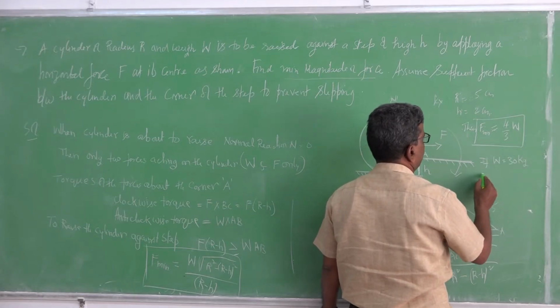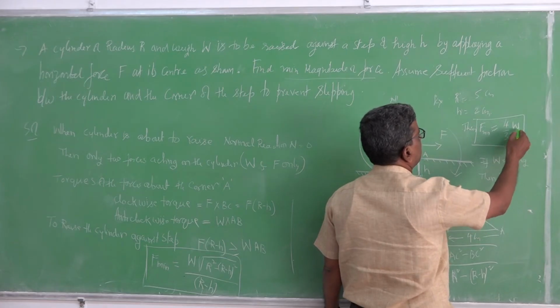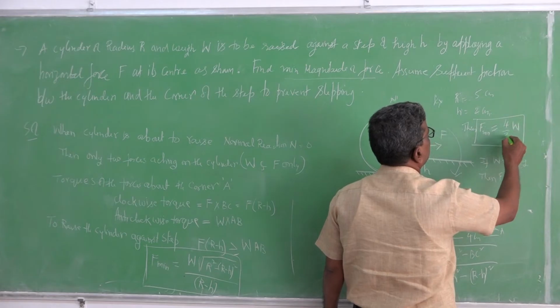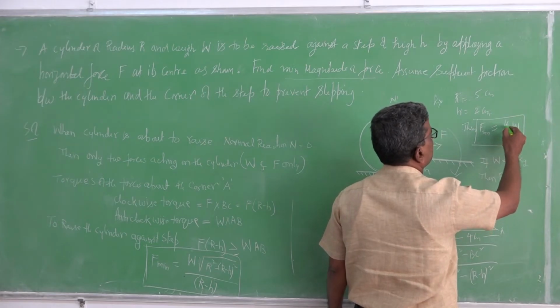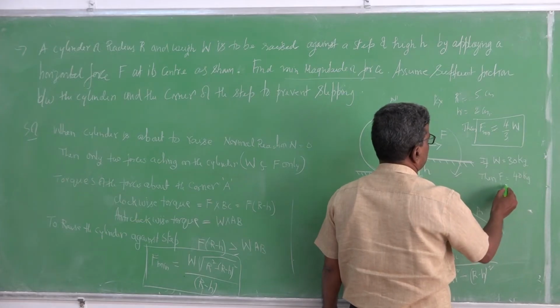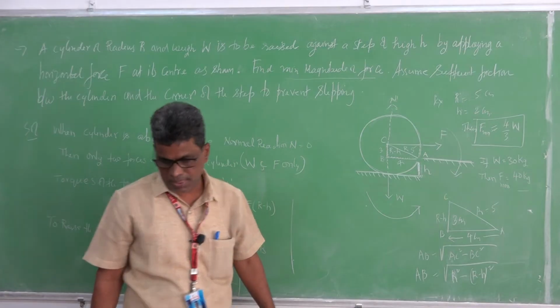Then F is how much it requires? 30 by 3 is 10, and 10 into 4 is 40 kg. So the minimum force required is 40 kg. This is one example. Take this.